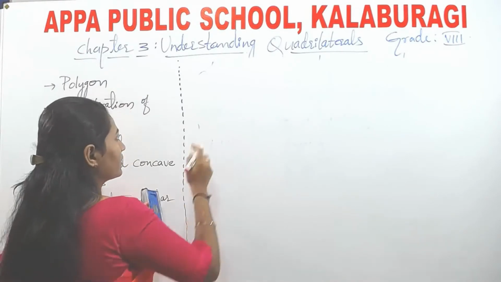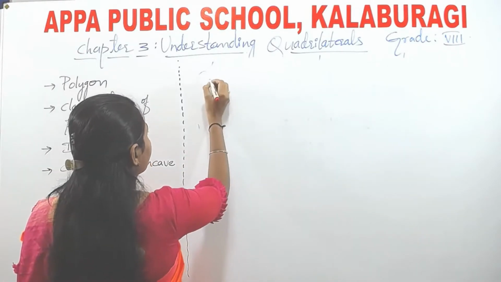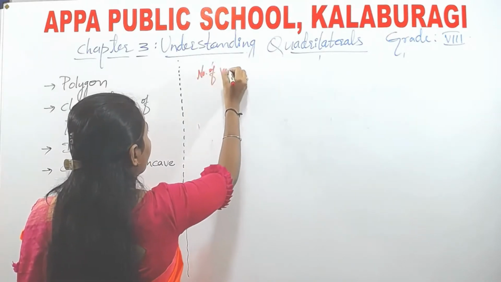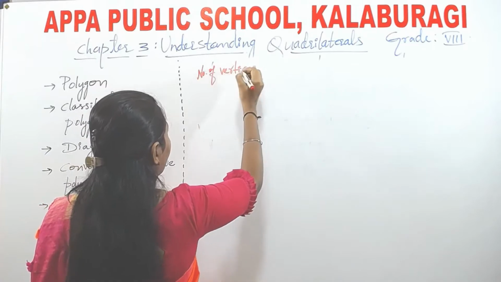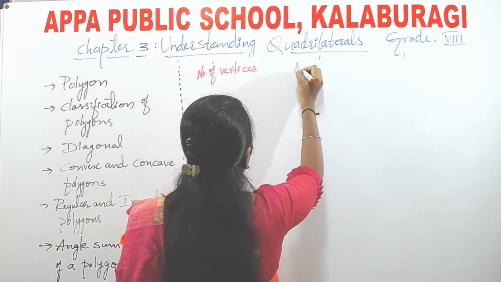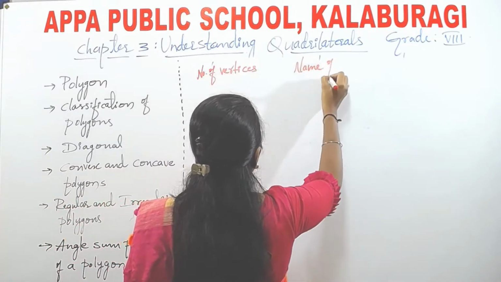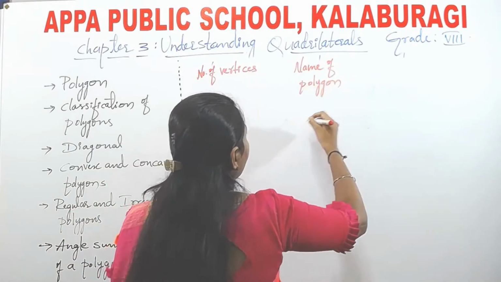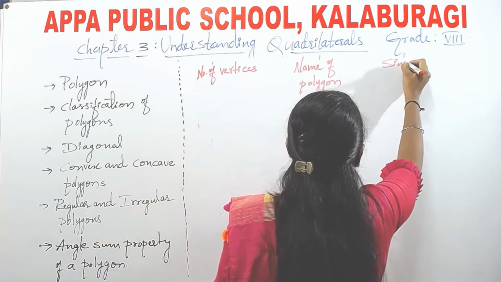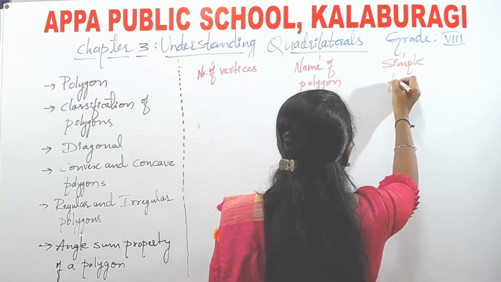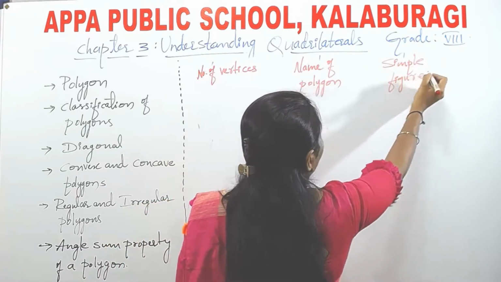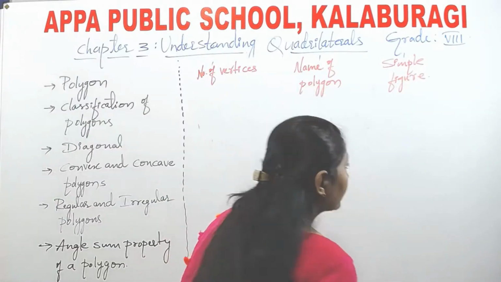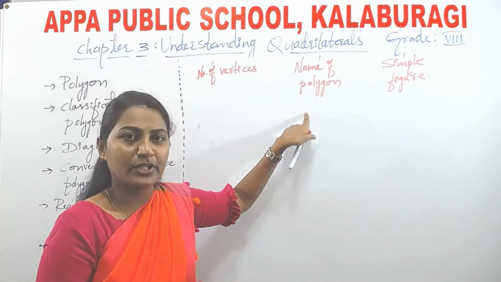Now let's see 5 vertices. Number of vertices, name of polygon, and how the simple figure looks, so let us see an example for each polygon.